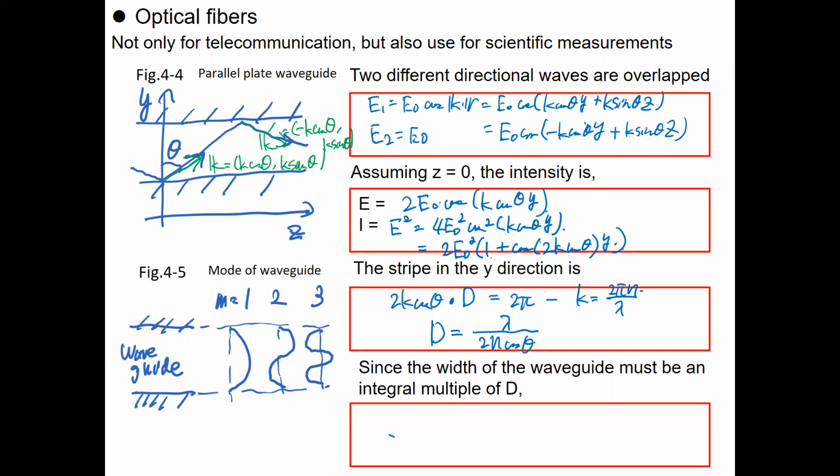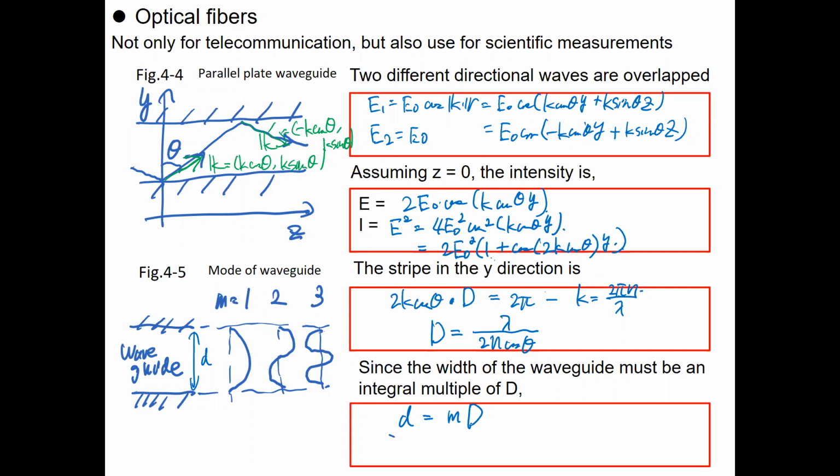Oh, I'm sorry, I made a mistake. This d is the distance for making an oscillation pattern in the y direction, and the actual waveguide thickness must be some integer multiple of d.